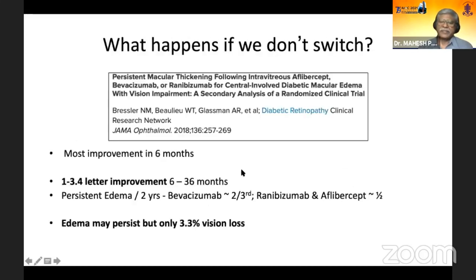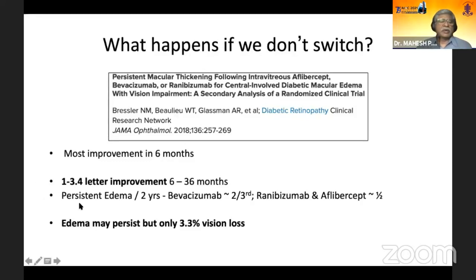thickness also decreased. There's yet another study where they have found that most of the improvement following anti-VEGF agents happens in the first 6 months. And subsequently, if you continue the same treatment, once again, 3.4 letter improvement, that's about 3 to 5 letter improvement is what you can gain in the subsequent years if you continue on the same treatment or switch to another agent.